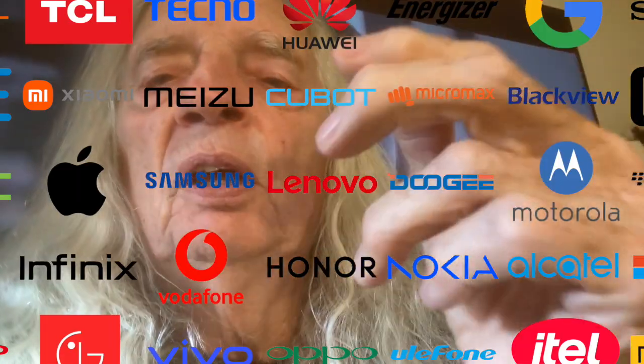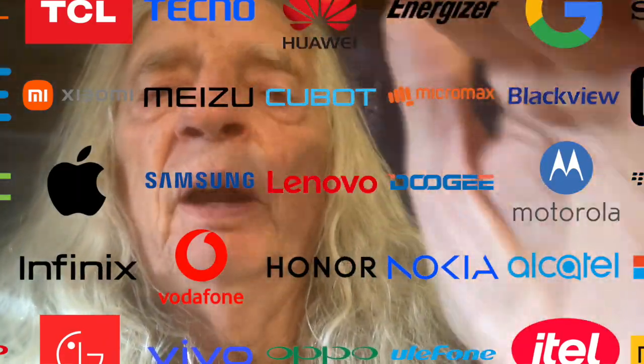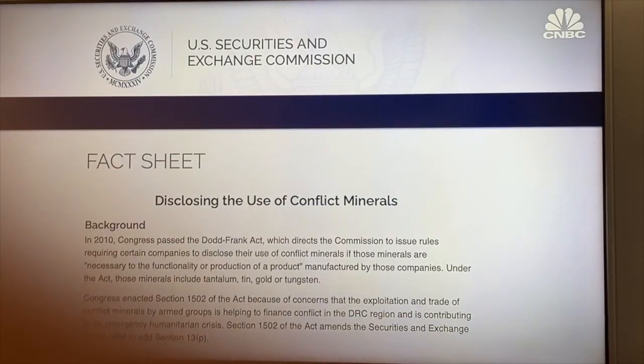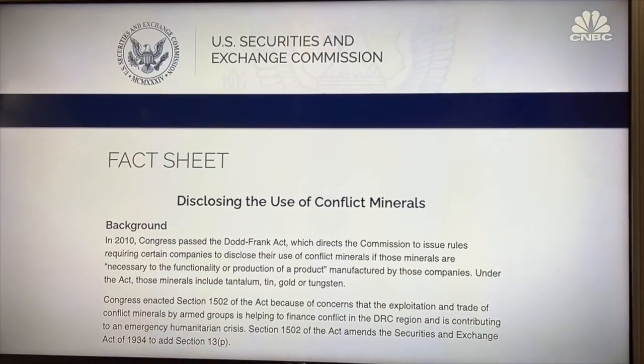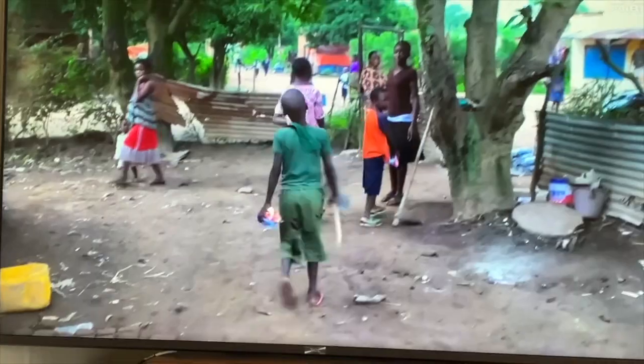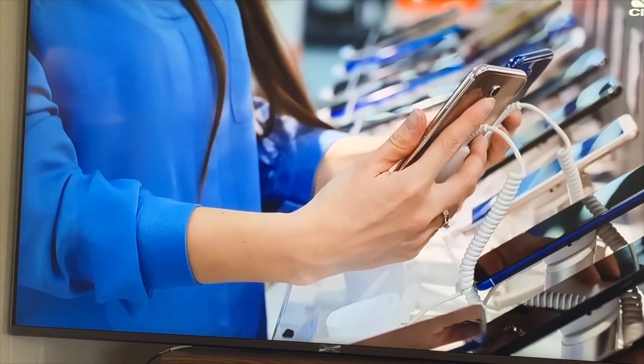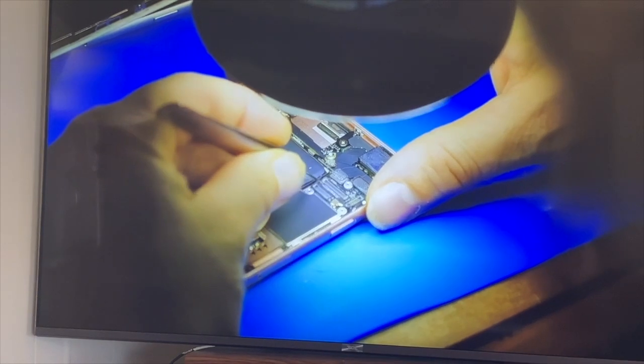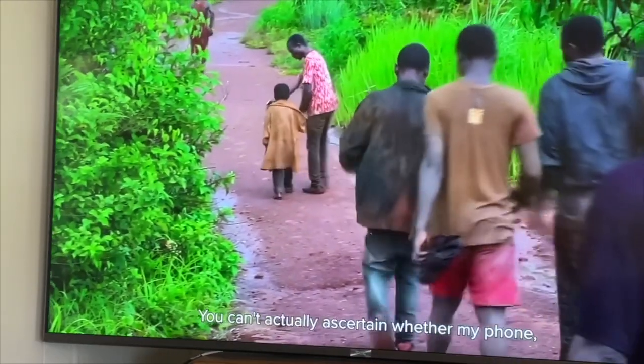They do reports that are reviewed by Amnesty International and independent activists like myself, and we look to see if they're conforming to the Dodd-Frank Act, 2010, Section 1502, in the United States, that they need to disclose the use of 3TG conflict minerals, tantalum, tin, tungsten, as well as gold, as well as cobalt that's used in lithium batteries, necessary for the functionality of the products that we as consumers are buying.